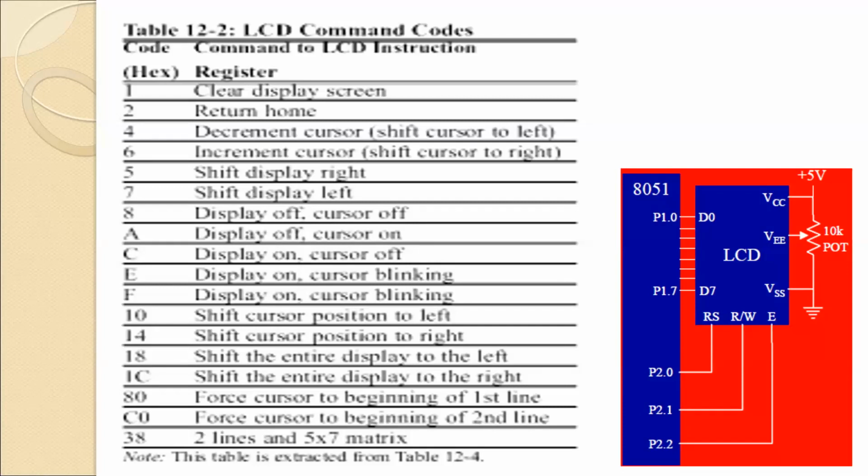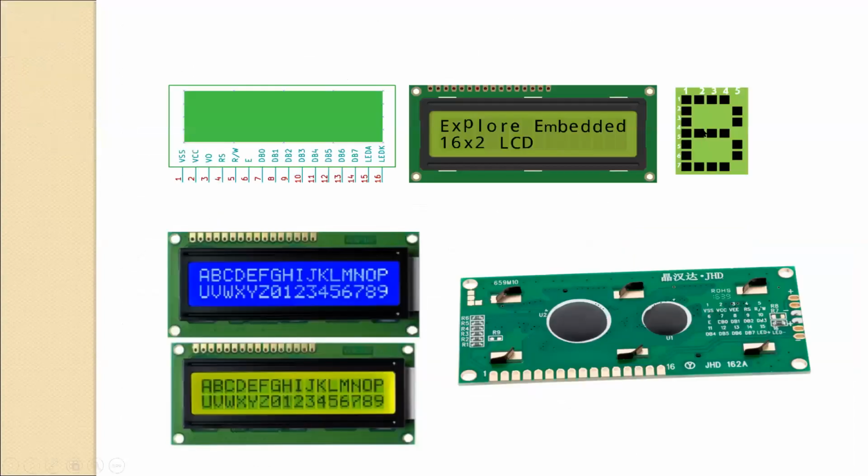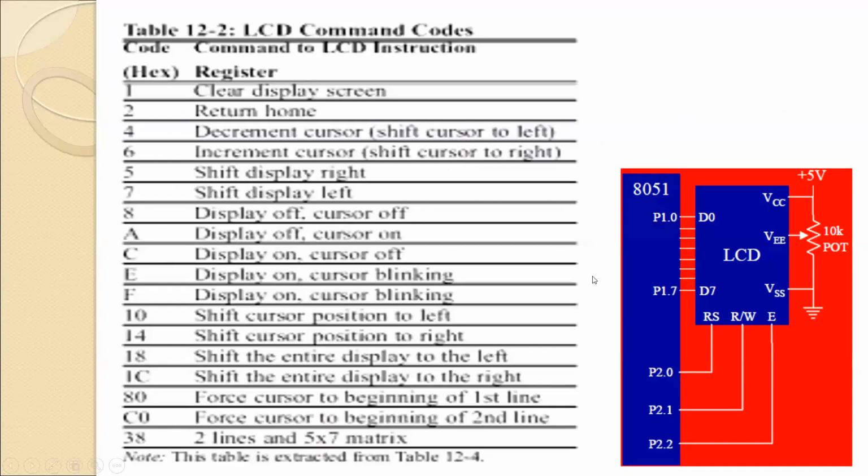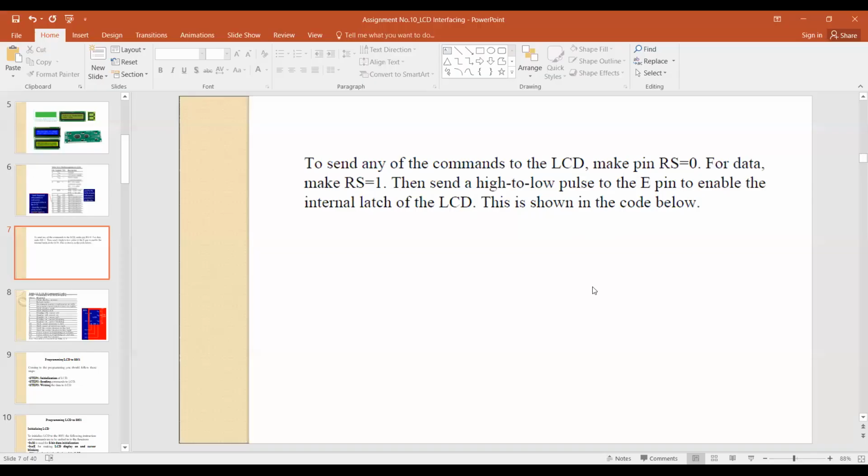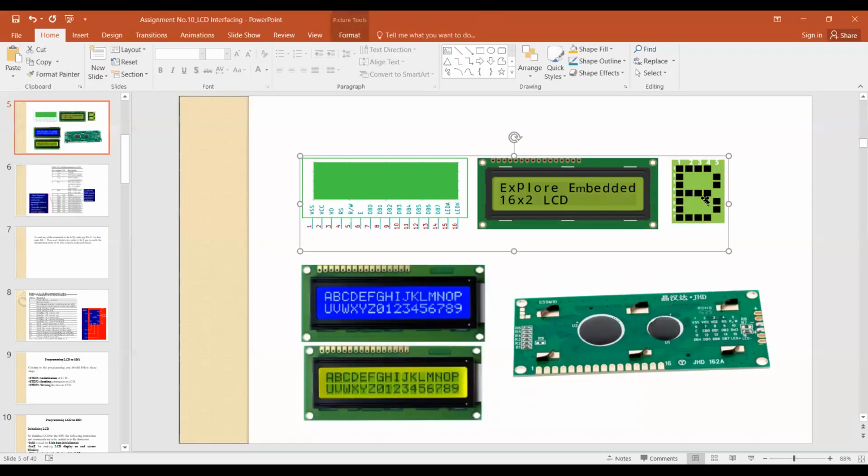5 by 7 means, to display any character, just wait. See here, this diagram from the LCD. Now here 1, 2, 3, 4, 5: 5 columns are there.